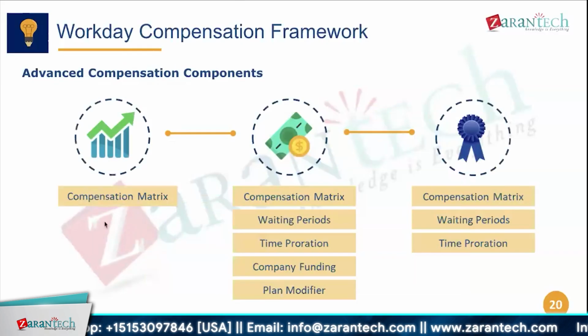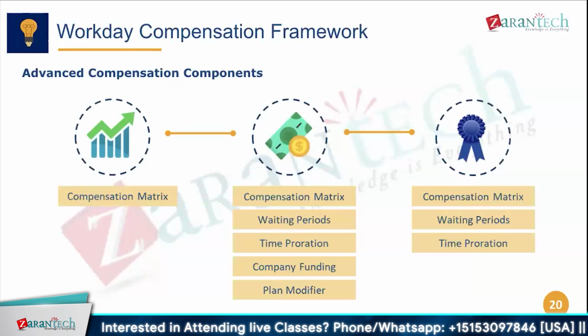All right. So, moving on. This is another graphic to tell you what the Workday compensation framework looks like and basically what advanced compensation components mean. A compensation matrix is set up at a high level where you can define who is eligible for the advanced compensation cycle and what the awards would look like, or for example, a compensation matrix for 3 different countries with different eligibility and performance.